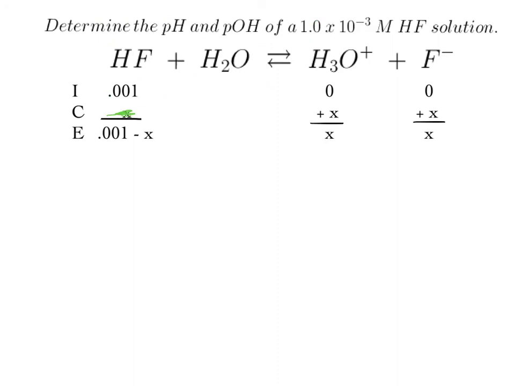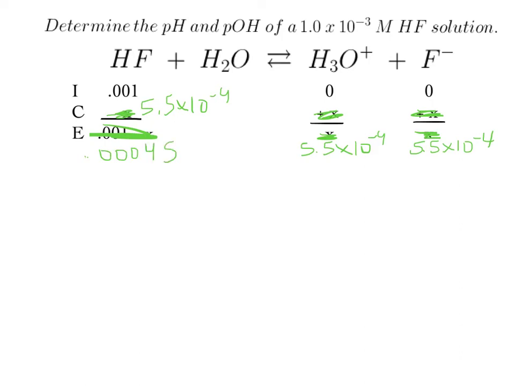We're going to change out x and make it 5.5 times 10 to the negative 4 here, here, and there, which makes these x's 5.5 times 10 to the negative 4, 5.5 times 10 to the negative 4, and 0.001 minus 5.5 times 10 to the negative 4 is 0.00045.